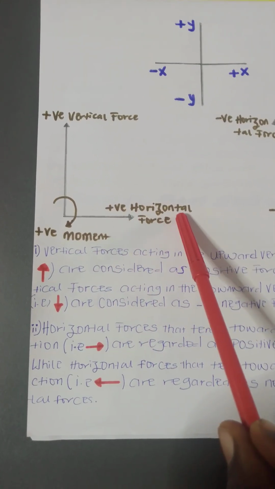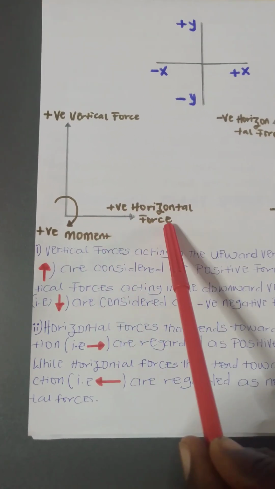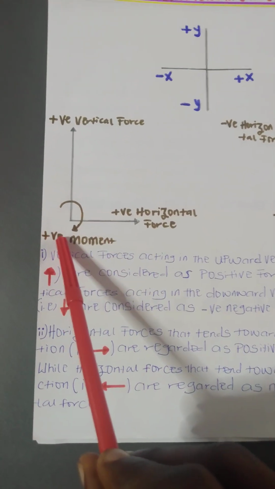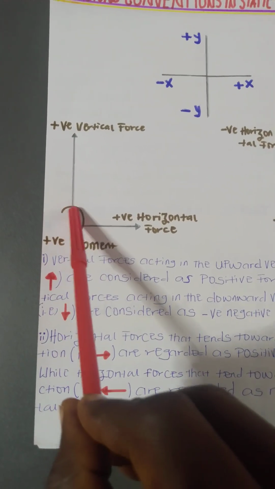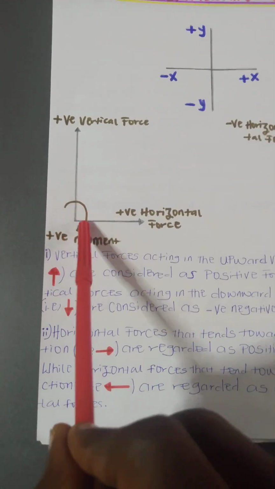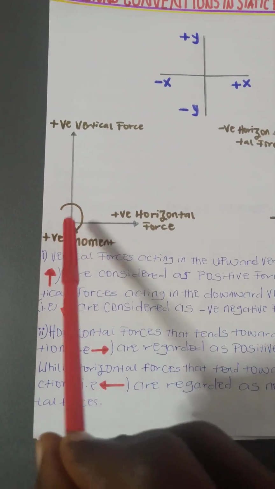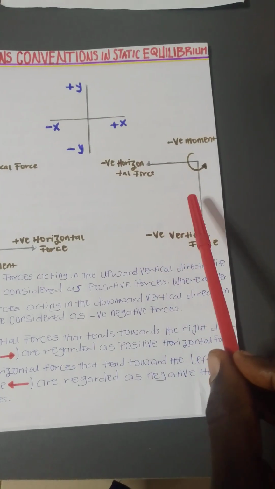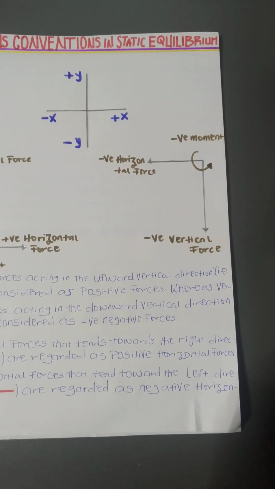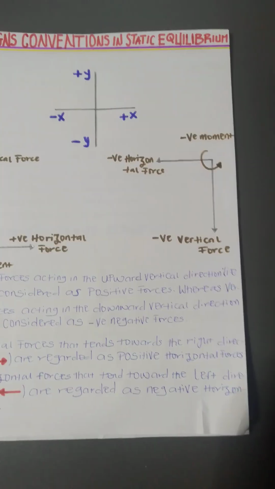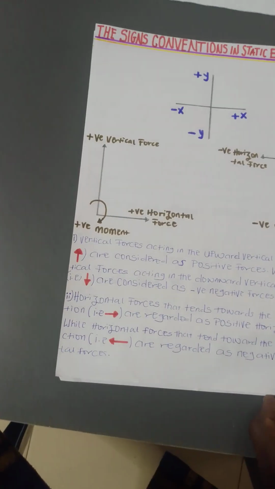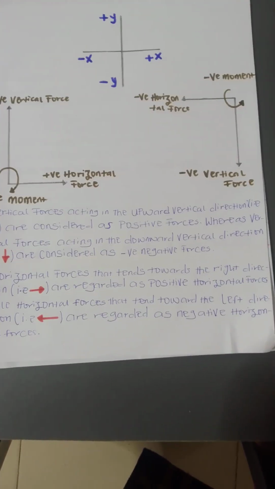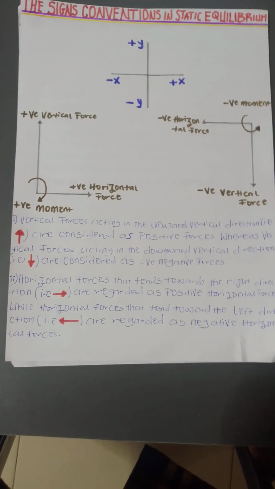Here we have horizontal forces in the right direction, positive. Moments, clockwise is always in the right direction, positive. The same applies here, negative this time around. Now let's get the key points.